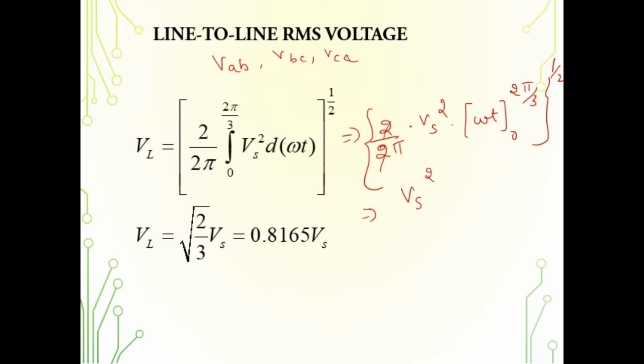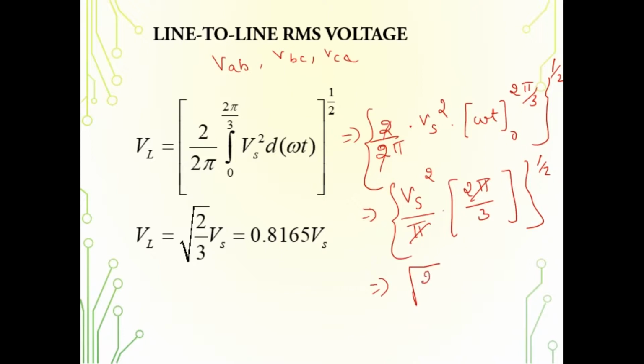Vs square by pi into 2 pi by 3 minus 0, this whole thing within the root. The pi and pi also get cancelled, so we are left with root 2 by 3 into Vs. So this is the line to line RMS voltage.